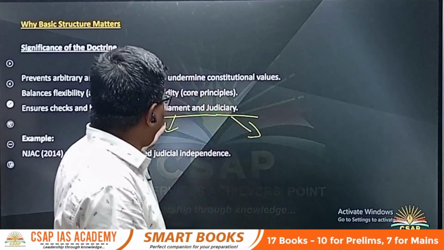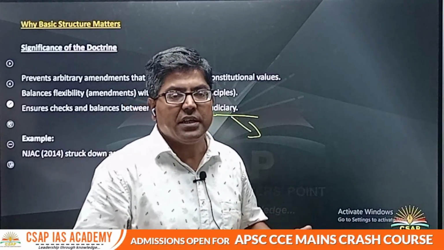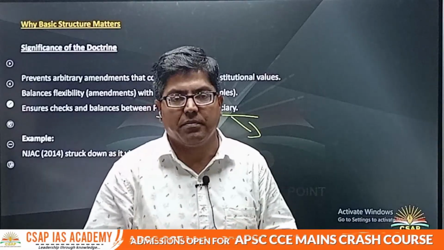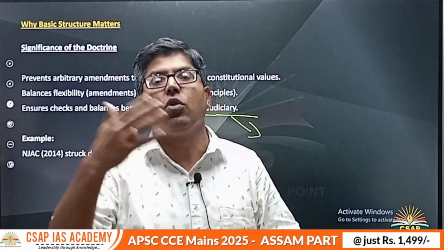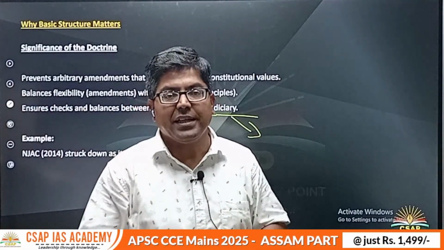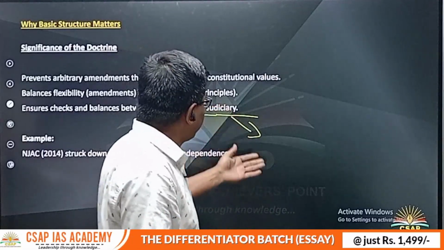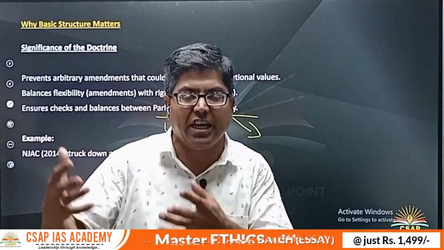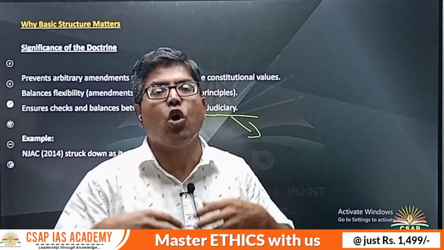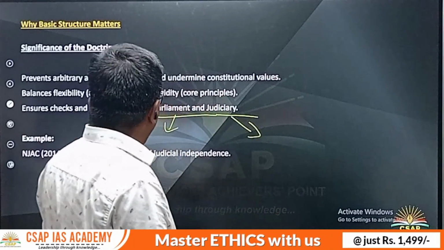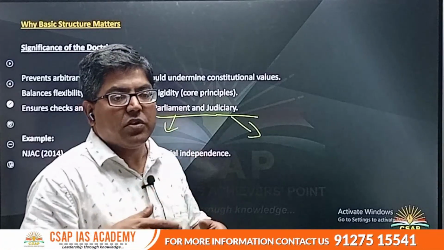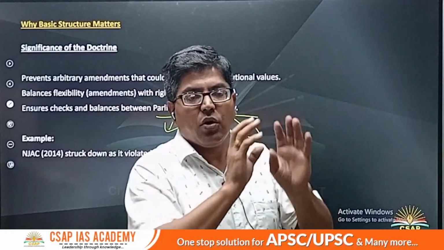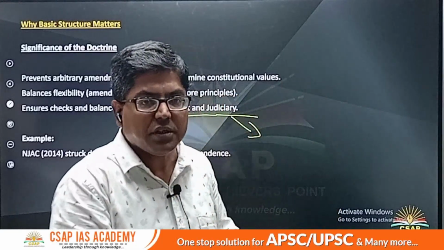Whether parliament or judiciary, they are supreme in their respective domains, right, but they cannot go out of their domain. That's why sometimes you have criticism of the judiciary, whether it is being overactive, whether it is overreach, right, or whether parliament is trying to cross all limits and change altogether the core or the essence of the constitution, right?